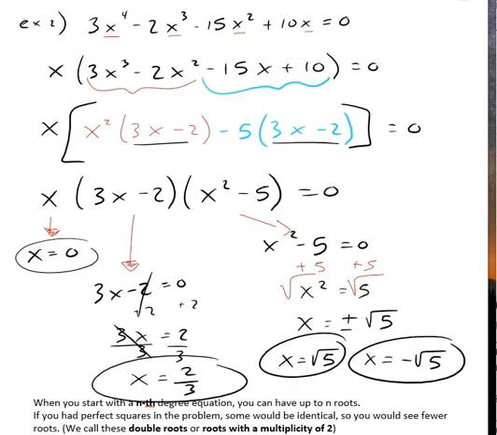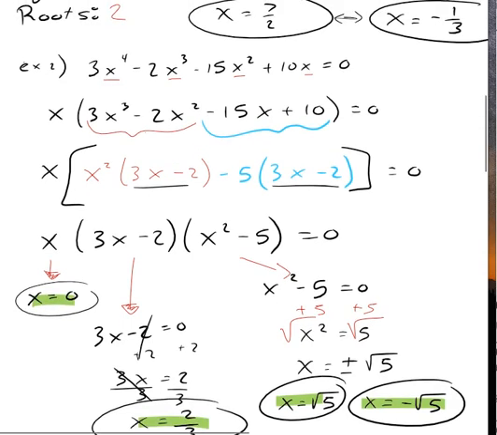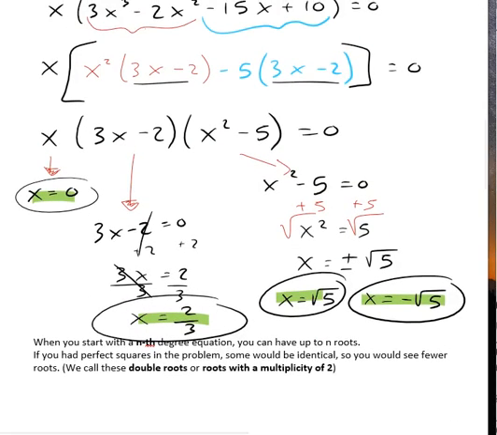Once again, I have 1, 2, 3, 4 zeros, and I started with a degree of 4. When you start with an nth degree equation, you can have up to n roots. For example, if I have a 7th degree polynomial, I'm going to have 7 roots.